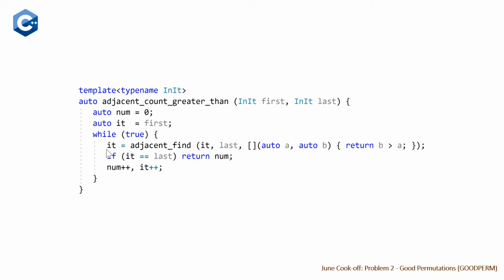Each time it finds this, you do a post increment on the number of elements that meet this predicate, and we also need to make sure we do a post increment on our iterator so that we're always searching for two elements that we haven't already found. So once we do this, it's going to return the number of elements where B is greater than A, so the element at I is greater than the element at I minus 1.